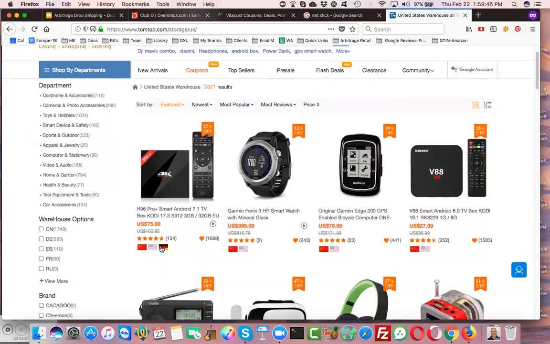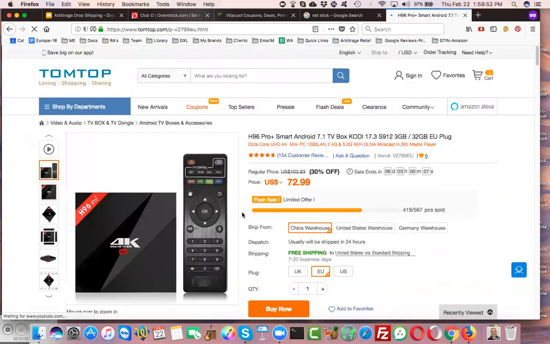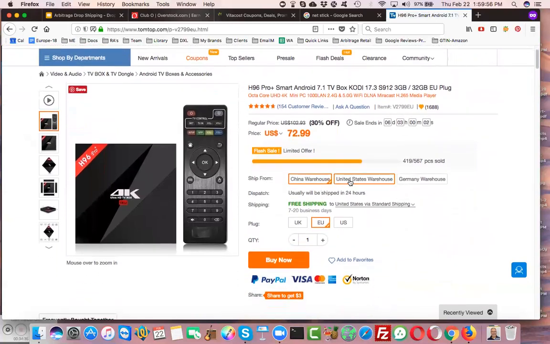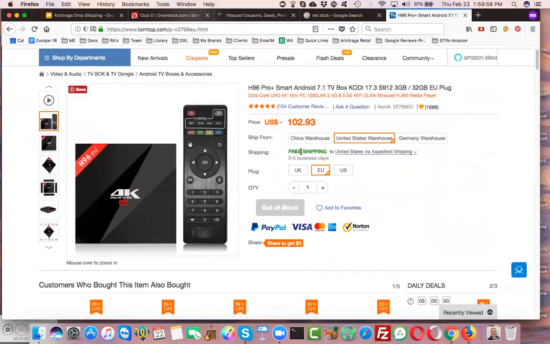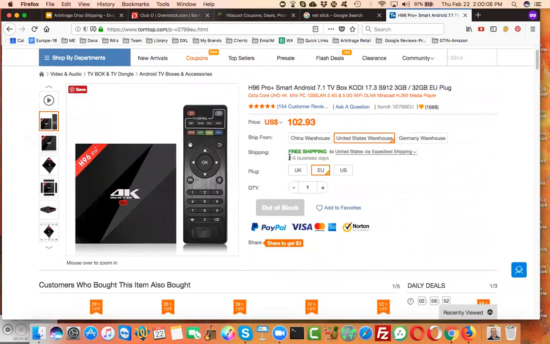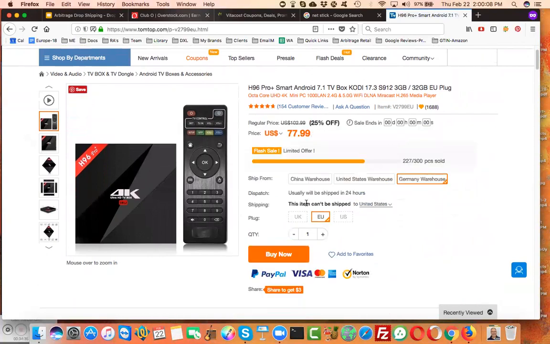Just click on the item, and you will see the differences in the shipping costs, the shipping times, and the prices. You will get it in 5 days. 7 to 20 days from China, 2 to 5 business days from the United States, and then Germany, which is usually just for Europe.